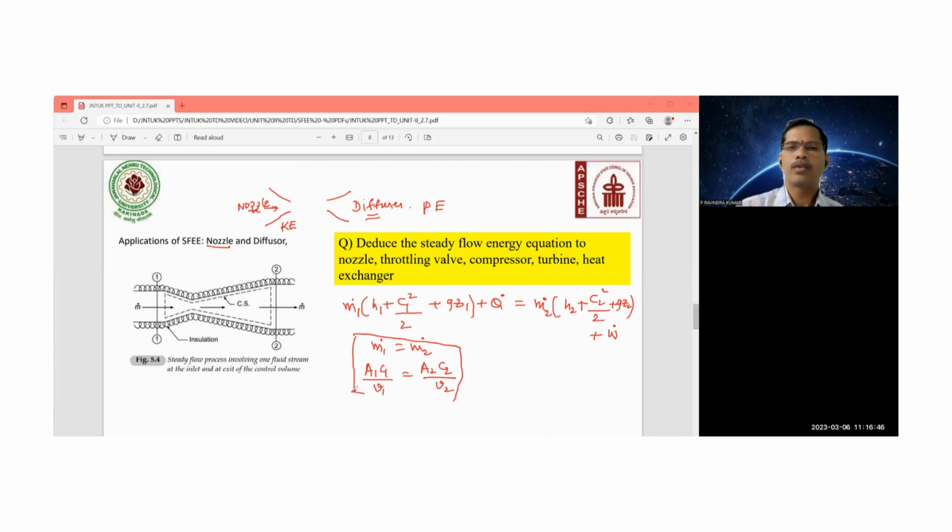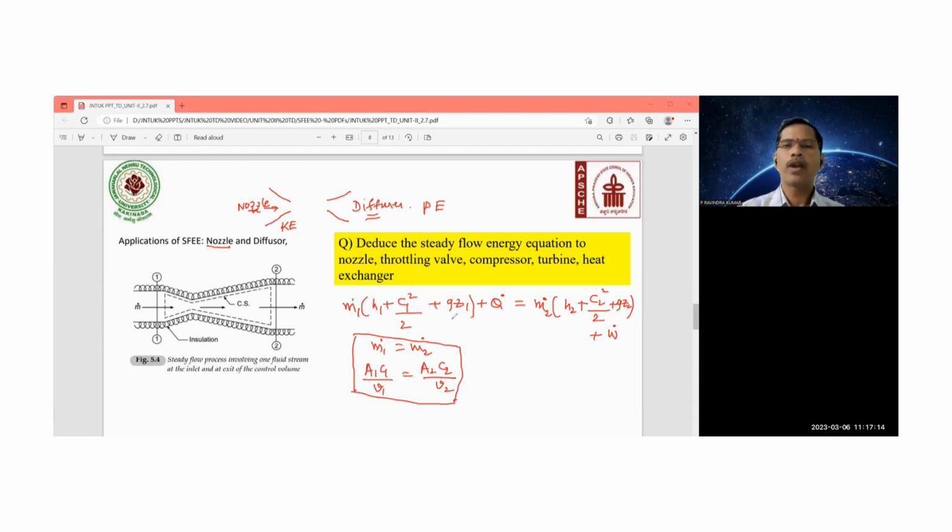You should not forget this continuity equation. With this you can find either A1 or A2, given the input data C1, C2, specific volume v1 and v2. Out of these four variables, three will be known and one unknown, and that unknown value you have to find out.